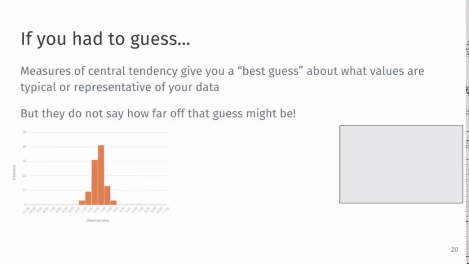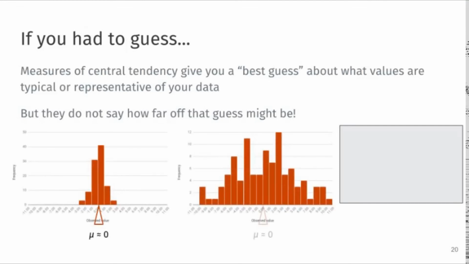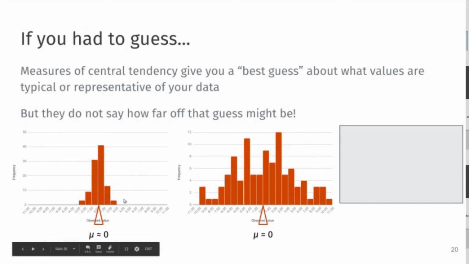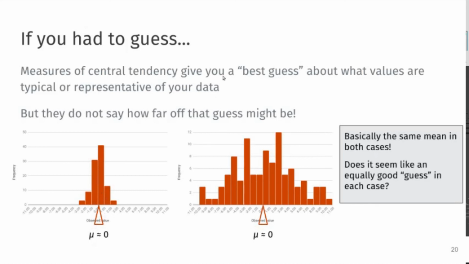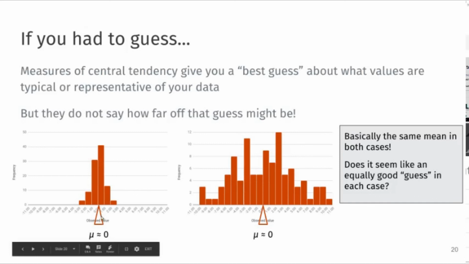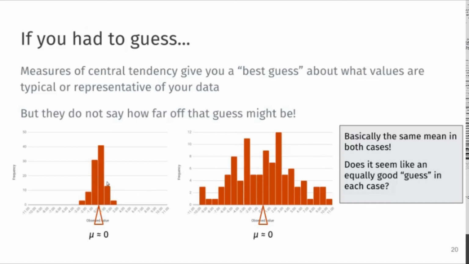So to give an example, imagine we had data that looked like either this or this. Here I've just constructed a simple histogram. This is fake data, but in either case, the mean is pretty close to 0. But it seems like in the left case, if you guessed 0 as your best guess for what value we would observe, that's a better guess in the left situation than in the right situation.